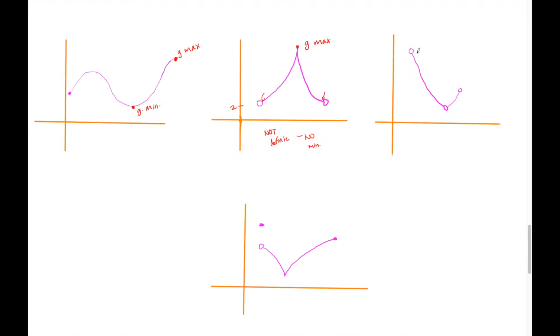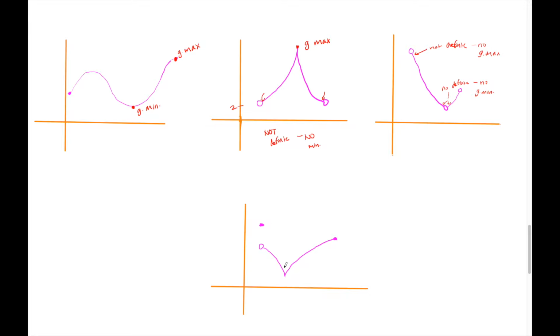Now for our third example, same thing from before. It is not definite over here, even though technically our highest y value is somewhere among there, but we can't pin it down exactly, so there's no absolute or global max. As for the minimum, again, it's technically somewhere here or here, but it approaches this open circle, and because the domain does not include it, there is no definite value for it, so there is no global min.